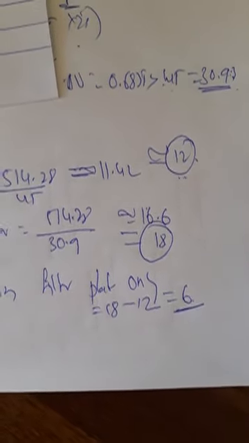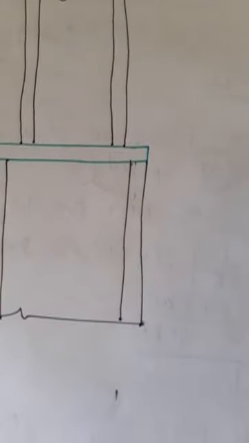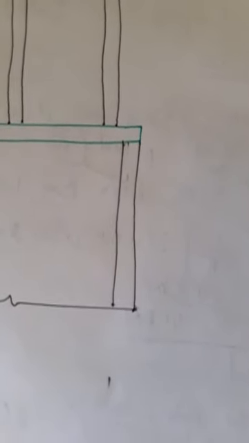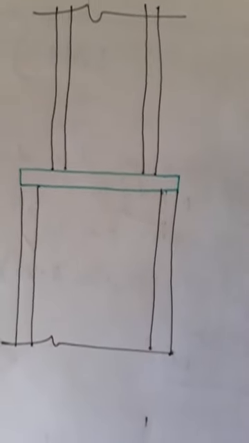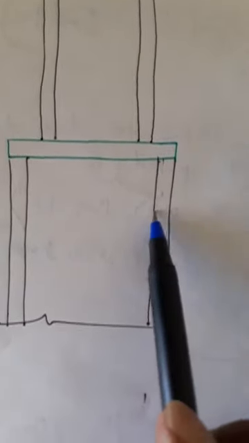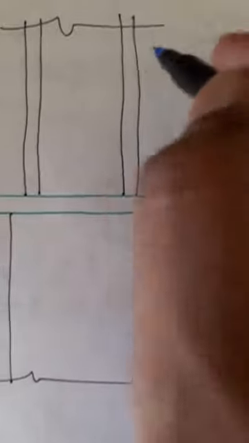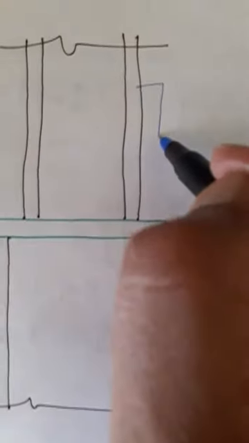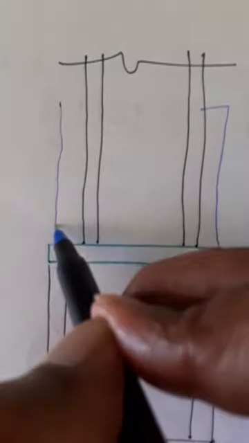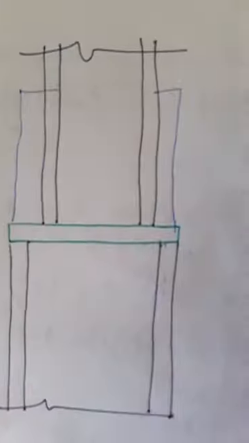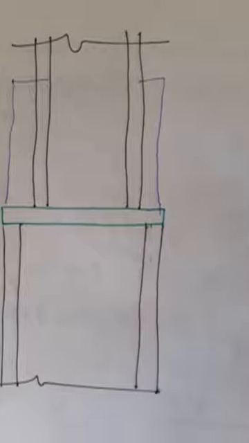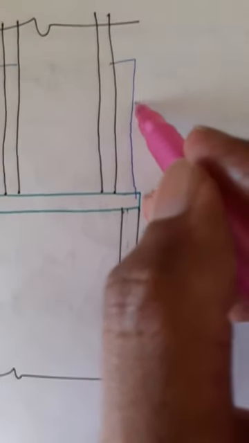Now sketch the details. Say this is the bottom column 350, top column 300. So the gap between them I am going to fill by filler plate. Over these filler plates I will provide flange plates.